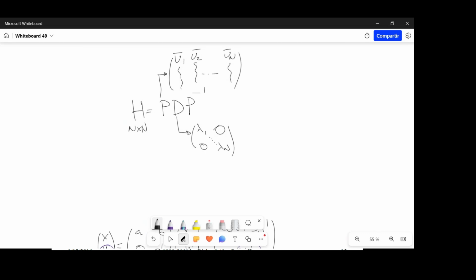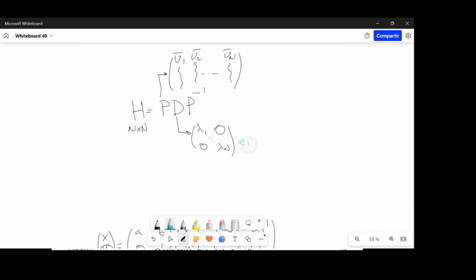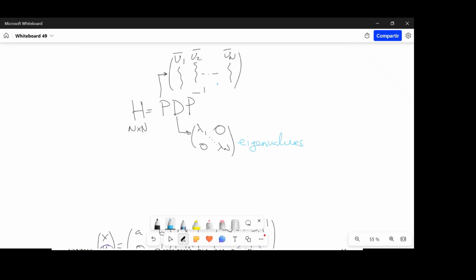This is a diagonal matrix with the eigenvalues, and these are the eigenvectors.